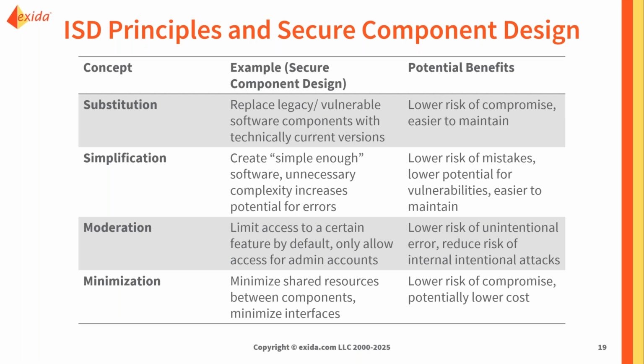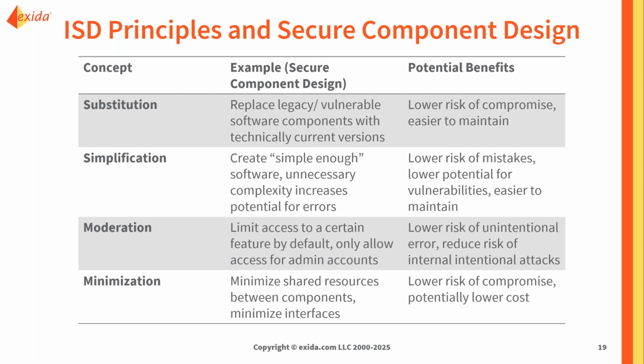For moderation, for the features or interfaces that do require access, can we limit which accounts are able to use that feature? If a feature has a potential for a major impact on the device, is it something all account types should be able to access, or only administrator accounts?